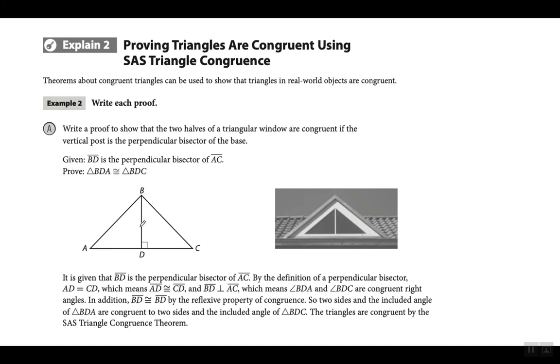So if this line right here, segment BD, is the perpendicular bisector of segment AC, how can you prove that this triangle equals this triangle? All right? Te están dando la información que el segmento BD es el perpendicular bisector del segmento AC. Así que es perpendicular y el bisector que va por el medio. Y tenemos que comprobar que el triángulo BDA es congruente al triángulo BDC.